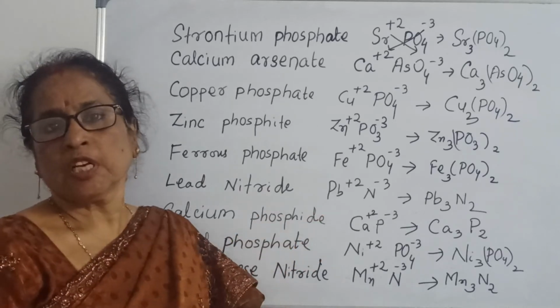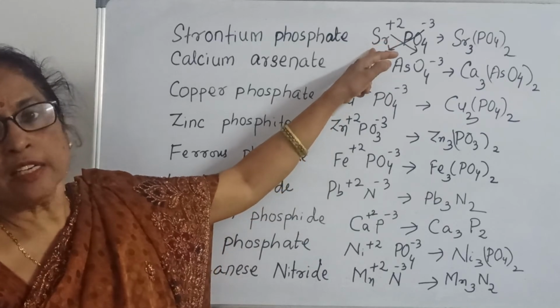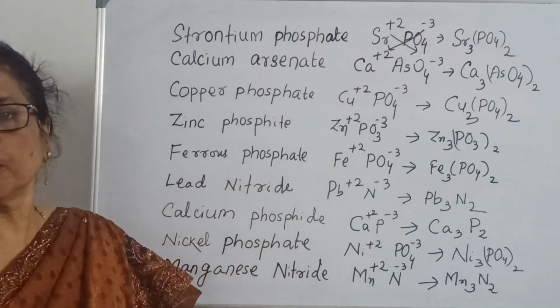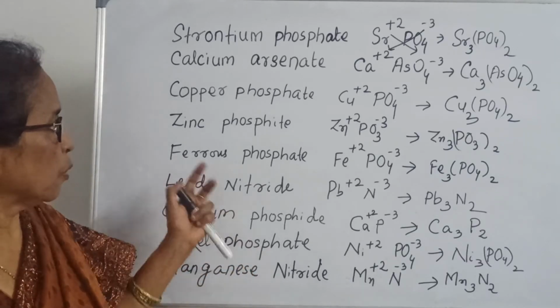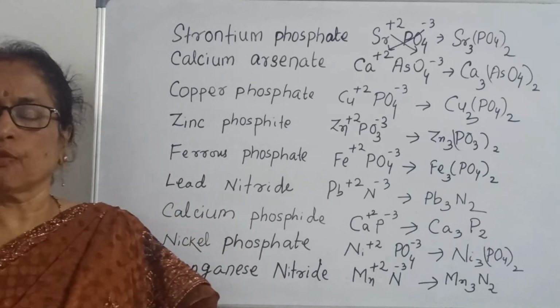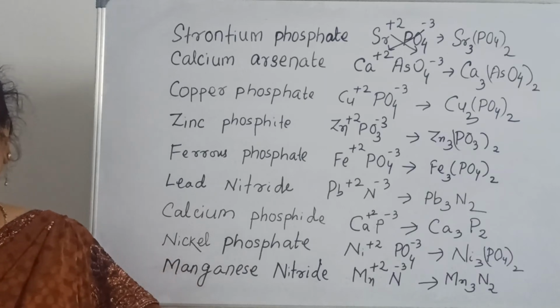Then you put it, and according to this formula, the 3 will come to the cation side and 2 will come to the anion side. Like this you will do, and you will get the formula of the compound. I hope this is clear to you, how compounds are formed from a divalent cation and a trivalent anion.